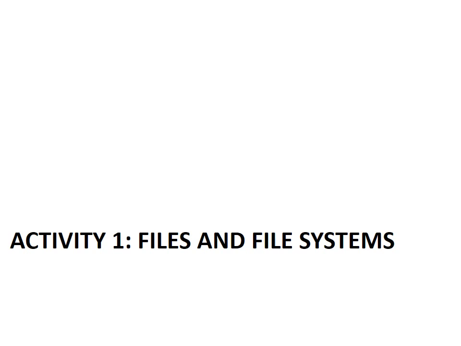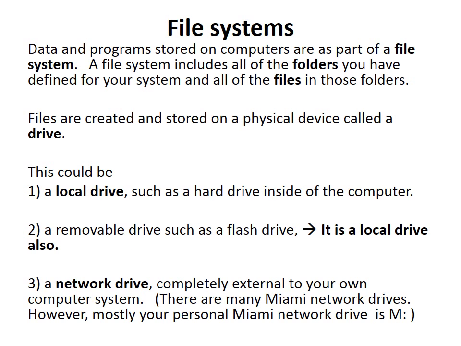This activity 1 provides information that you will need to know in order to create and manage your files for the rest of class. We use folders to organize files. Files are stored on a physical device called a drive. This could be a local drive or a removable drive or a network drive.